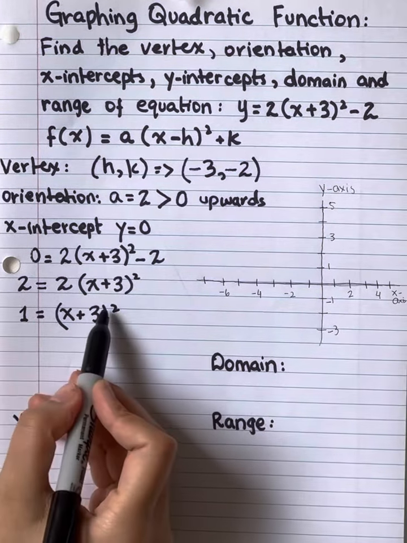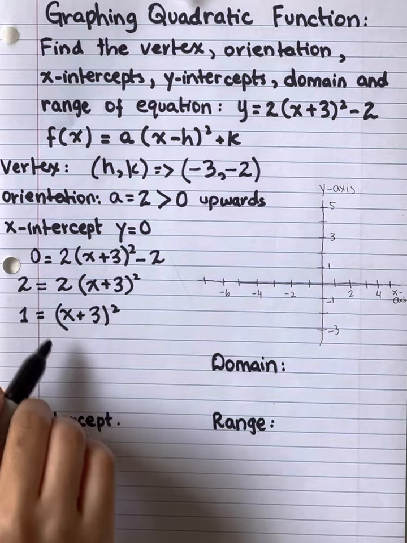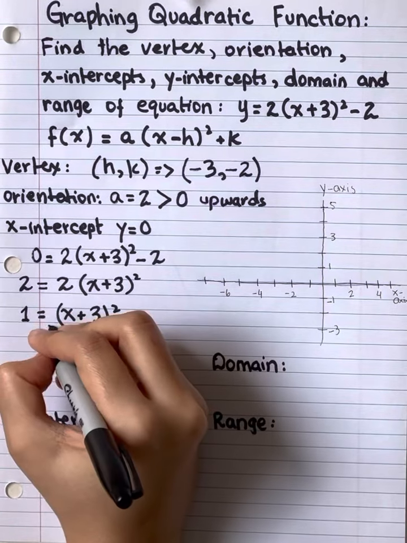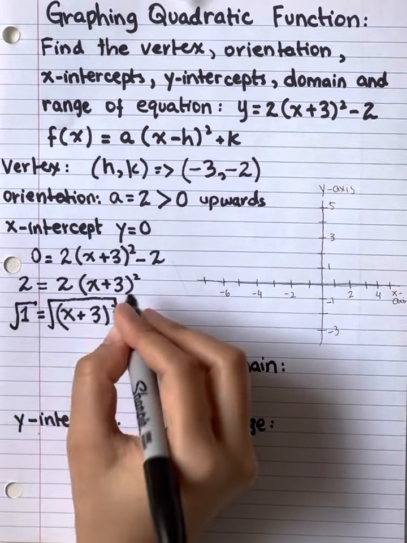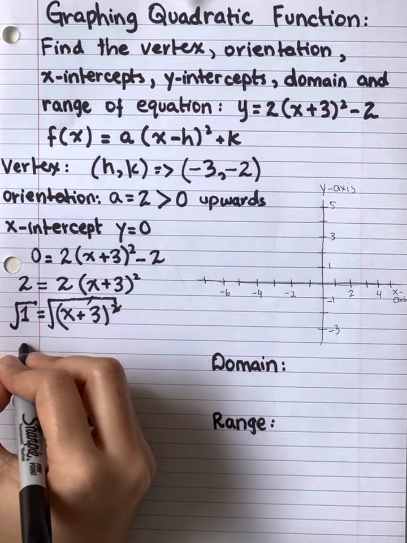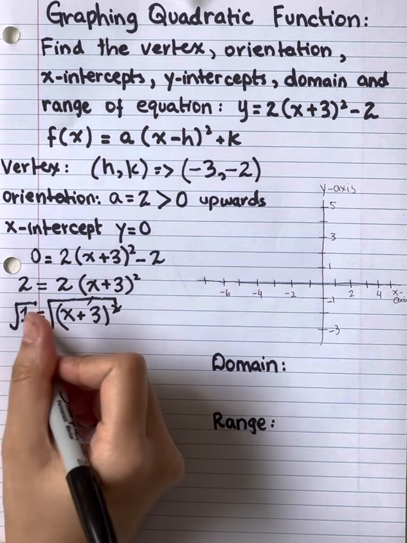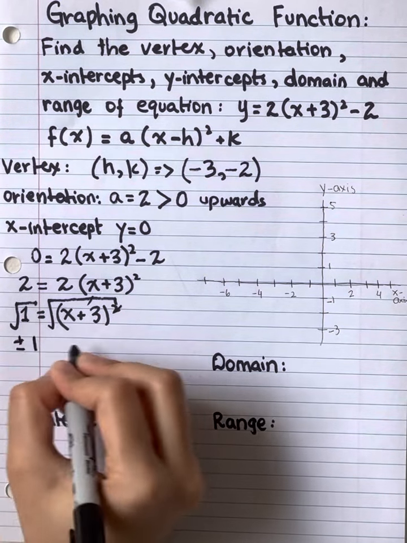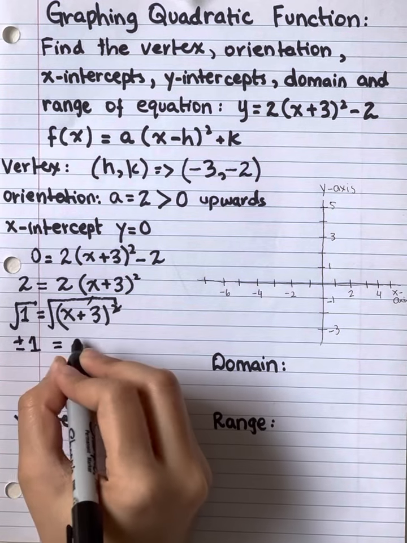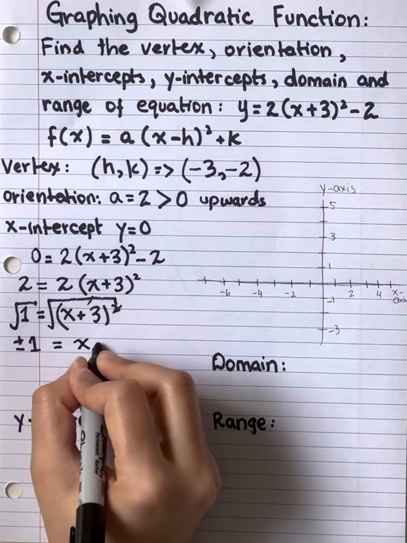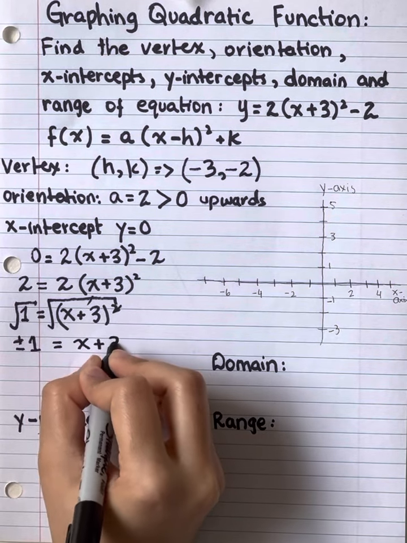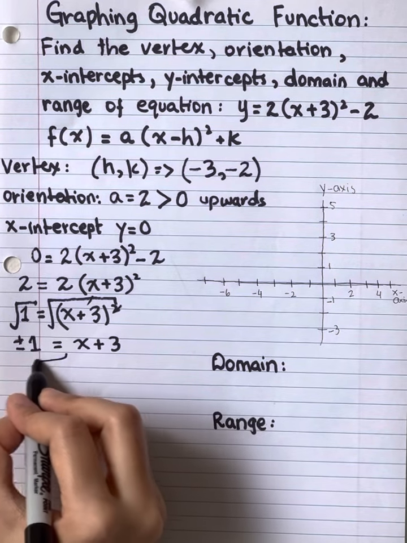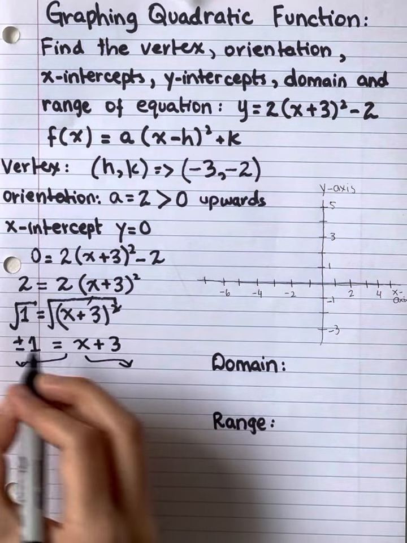Now, to get rid of the square, we need to take the square root of both sides, because whatever we do to one side, we have to do to the other. The square root means it's plus or minus 1, equal to x + 3.